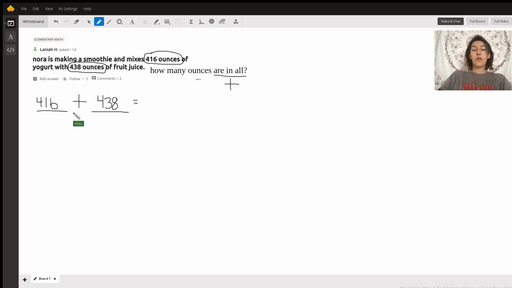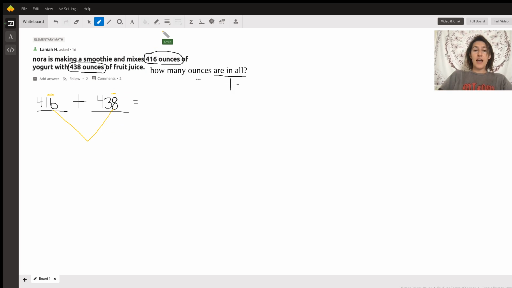Now, you might be learning 3-digit addition. So you might know that you have to add like things. So you have to add the ones together. This is the ones place here.